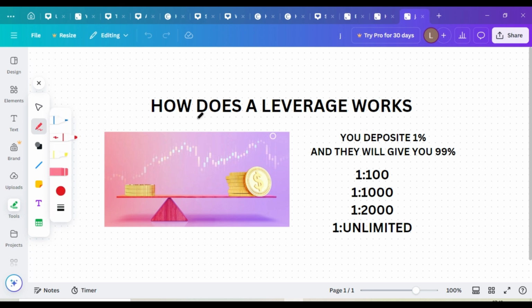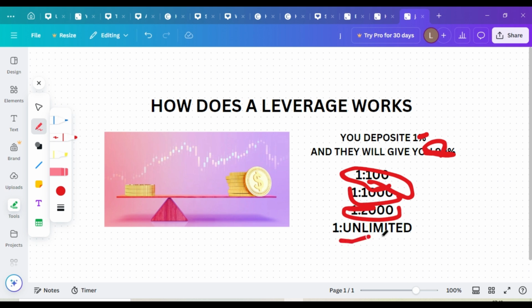This 1% here is yours. This 99% here is what they will give you as a borrowed fund, but you will not be seeing it. You will only be seeing the money that you deposited. Everything will be at the back end. You get? So the leverage might be 1:100, 1:1000, 1:2000, and some brokers sometimes offer unlimited.